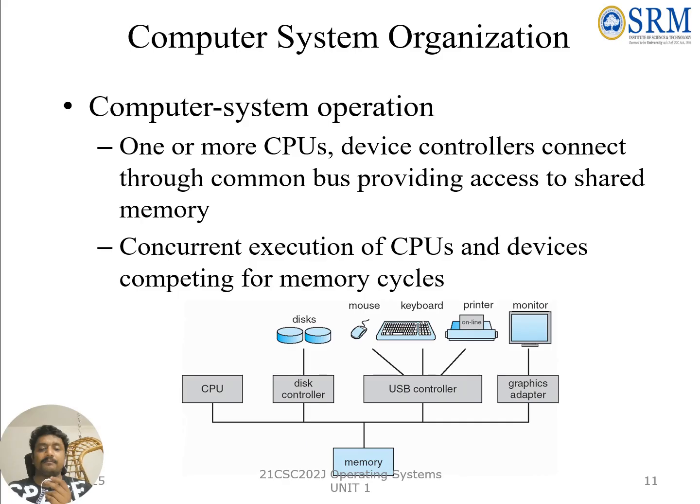Then we have a major concept, concurrent execution: in parallel, we can execute multiple operations with various CPUs and the devices involved in the memory cycle. This is the best example of the system architecture: a common bus connects the shared memory with the CPU, disk controller, USB controller, and the graphic adapter. For the CPU, multiple CPUs are connected in the system organization.